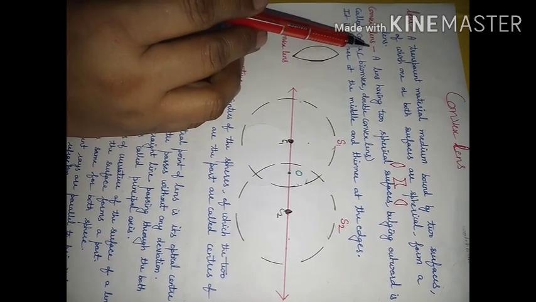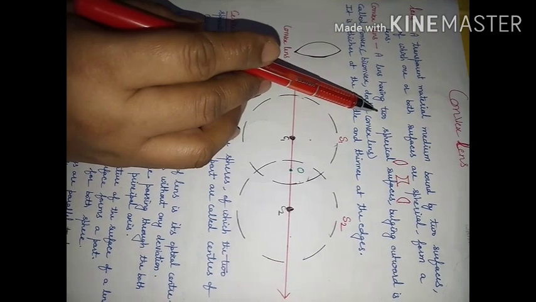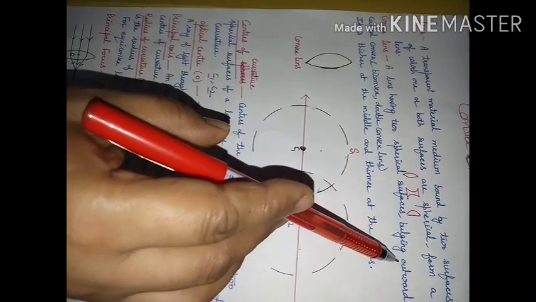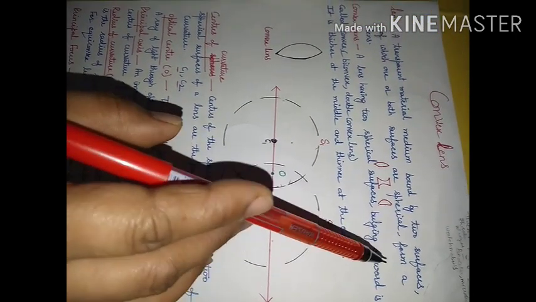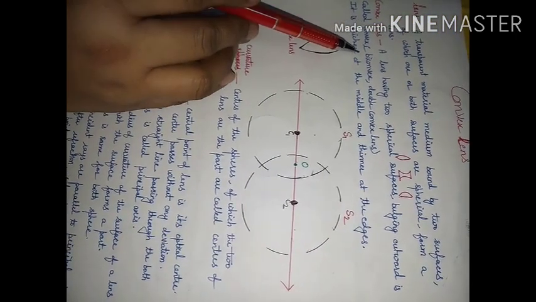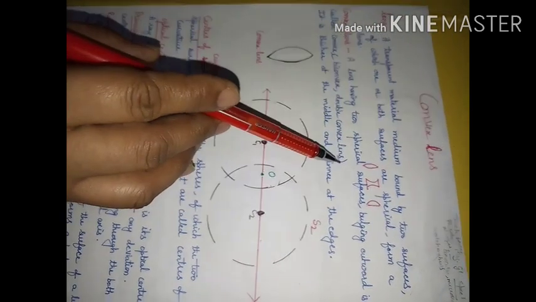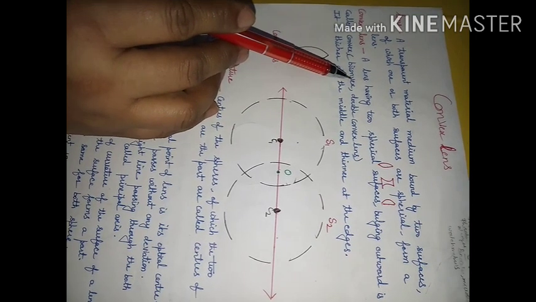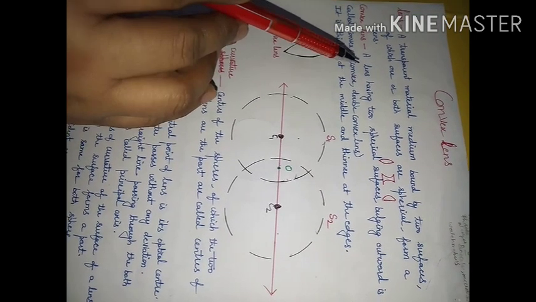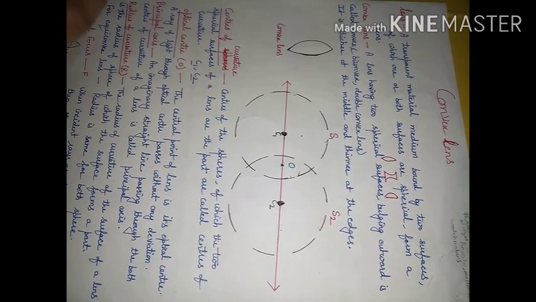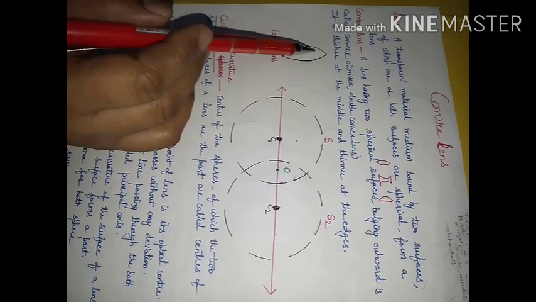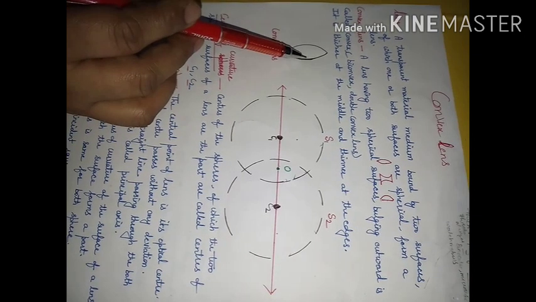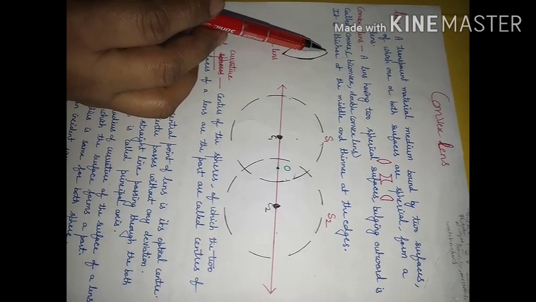So what is a convex lens? A convex lens is a lens that has two spherical surfaces, both bulging in the outward direction, and it is also known as a biconvex lens or double convex lens. Bi means two. And how to represent this? It is represented like this. It is thicker at the center and thinner at the edges.